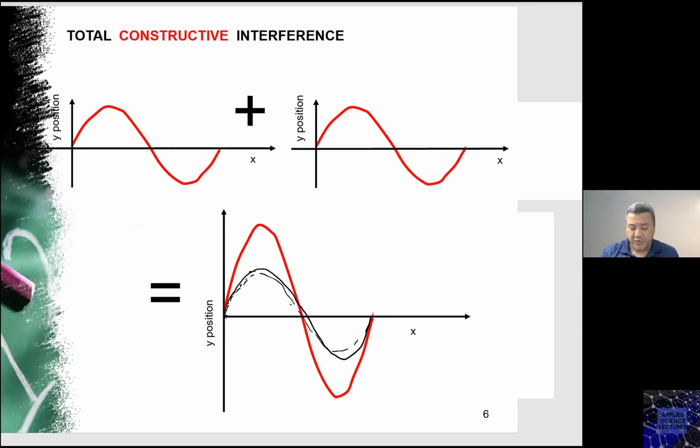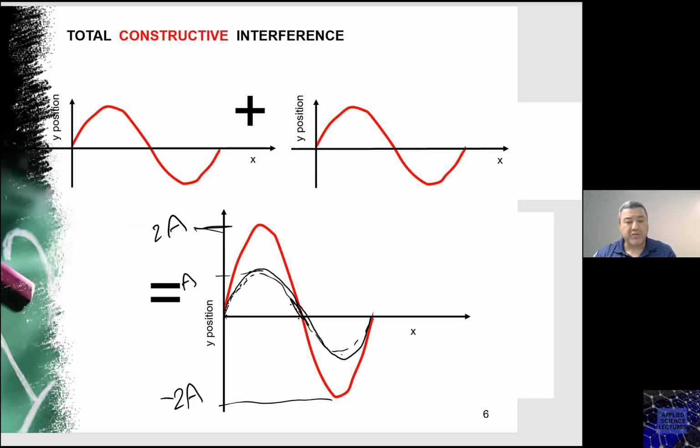Then when you add them, the amplitude will be double. So if this one is A, this one is going to be 2A, and as you can see here, this is what's going to happen also to the negative peak, and that's why we call it constructive interference.